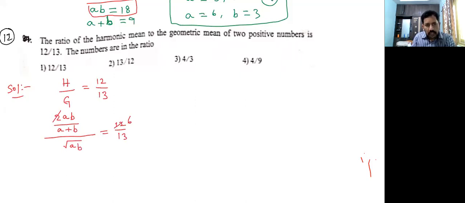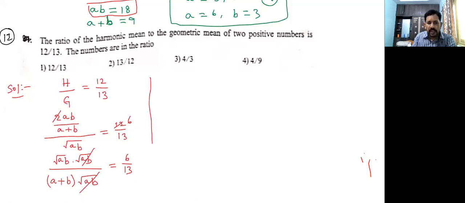Now this AB, I am writing root AB into root AB, divided by A plus B coming in the denominator. A plus B into root AB, that is equal to 6 by 13.